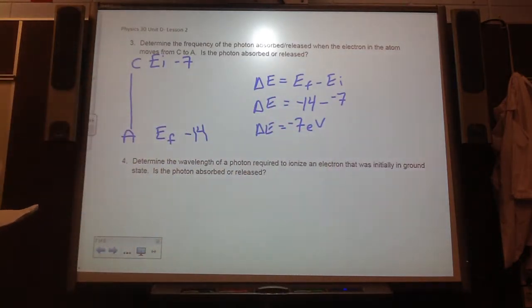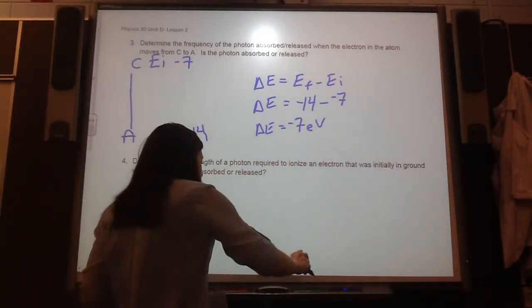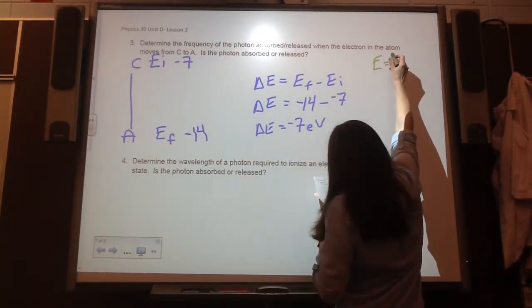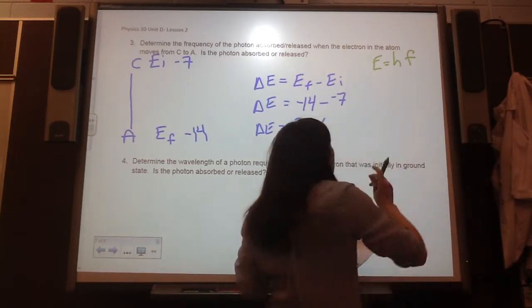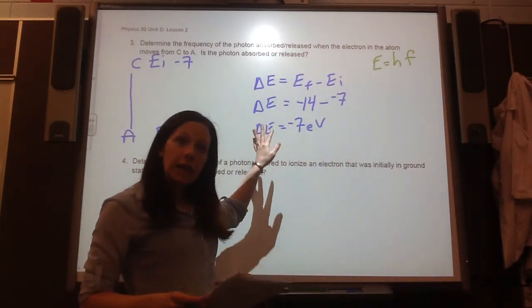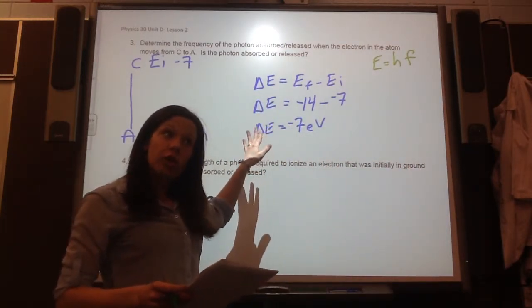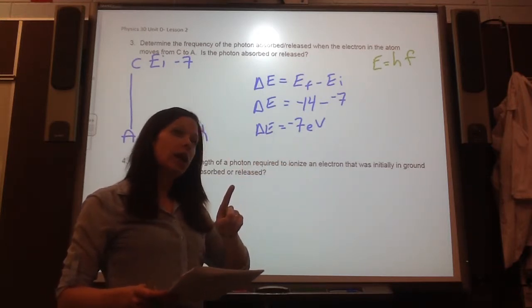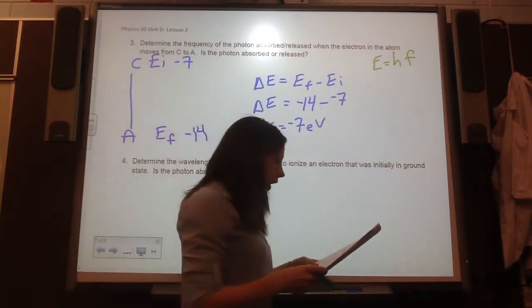So my delta E then is -7 eV. But it asked, what is the frequency of that photon? So now I can use my formula E is equal to H times F. Keep in mind that your E is in eV, so use your H that also has eV. If you don't, you need to convert your energy.